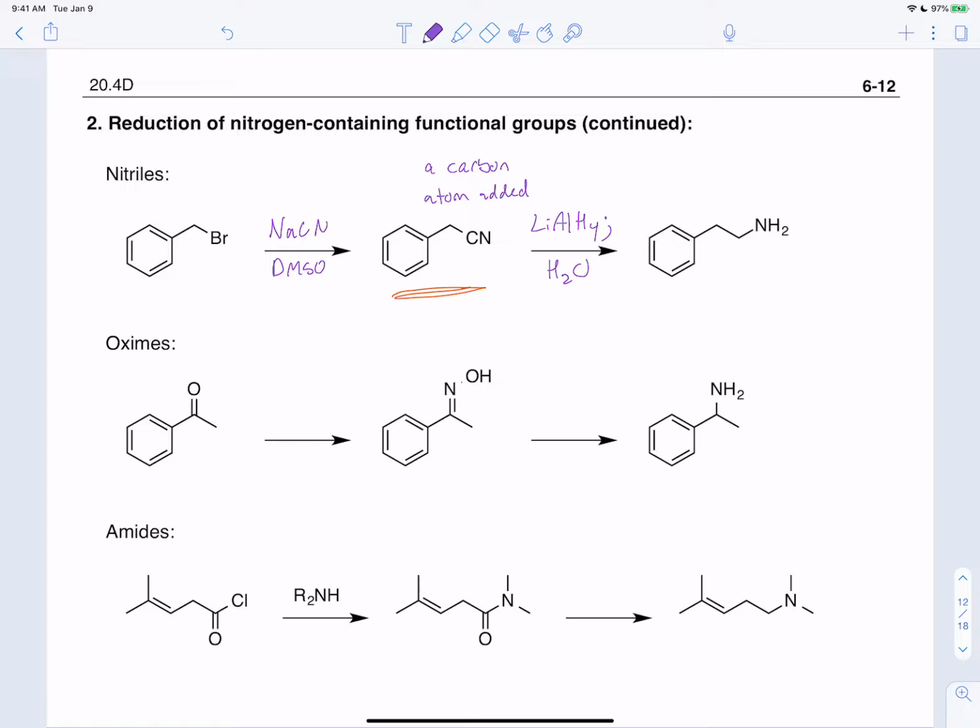There are some other ways to do reductive amination to make primary amines. If you try to just use it with ammonia, sometimes you do get over reductive amination where it reacts too many times. But we can add in things like hydroxylamine to first make an oxime.